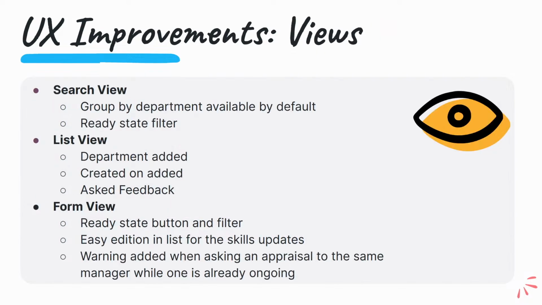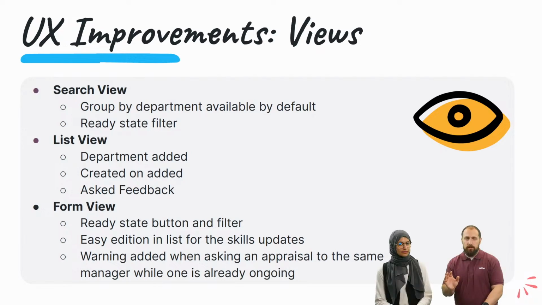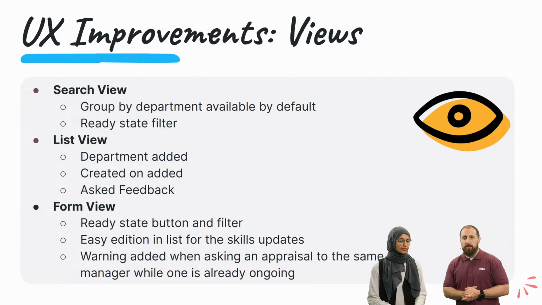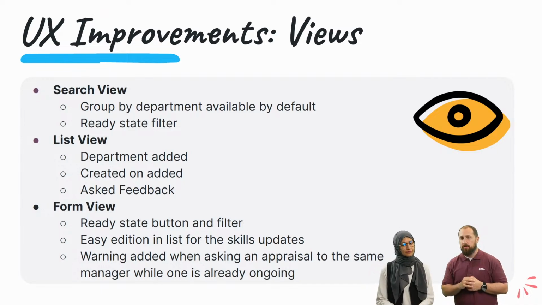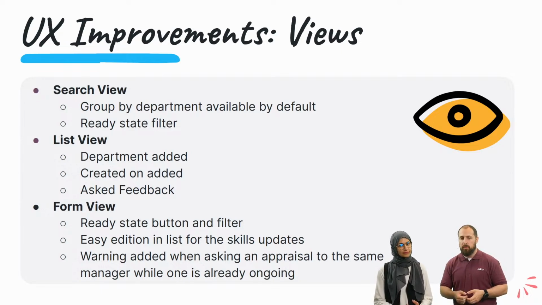I believe we've also got other little UX improvements within the views, but they are still interesting to mention. For instance, in the search view, it's now possible to group by department. It's available by default. You don't have to use a custom filter for it. You've also got a ready state filter, so you can easily filter on appraisals that are ready.